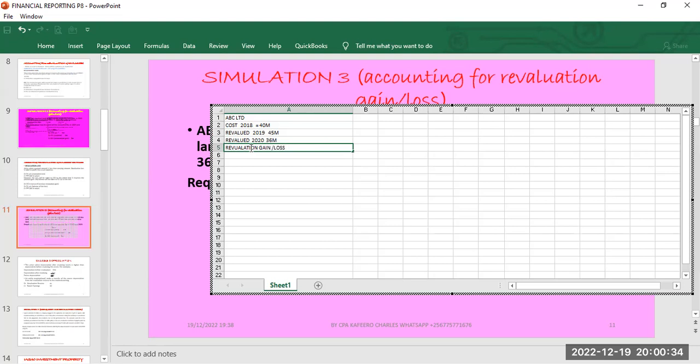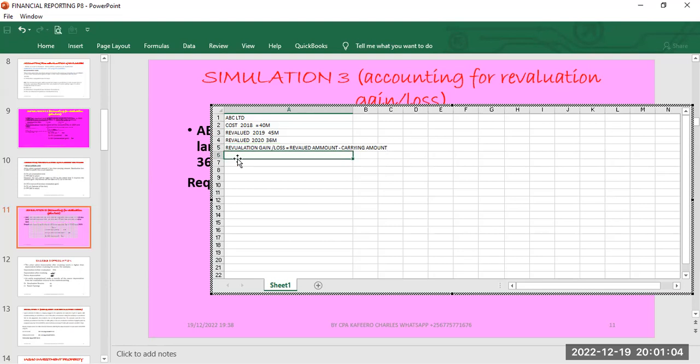An asset can't be revalued upwards and at the same time revalued downwards. It's going to be the revalued amount less the carrying amount of the asset at the date of revaluation.